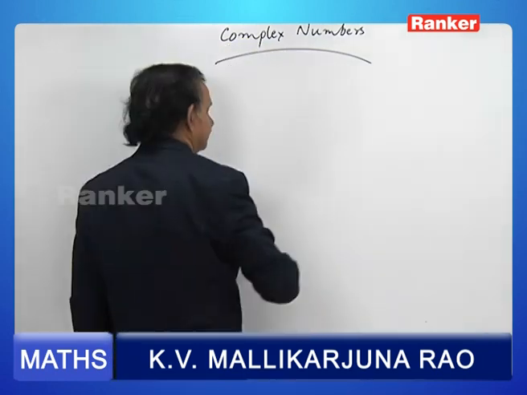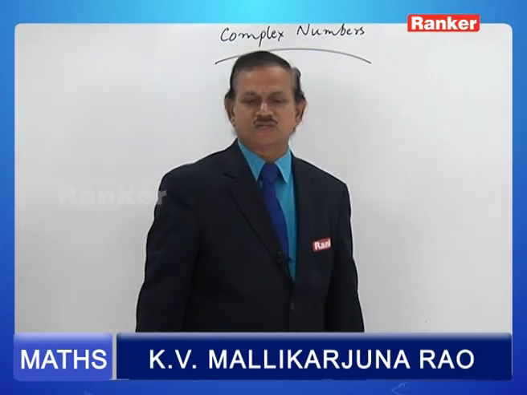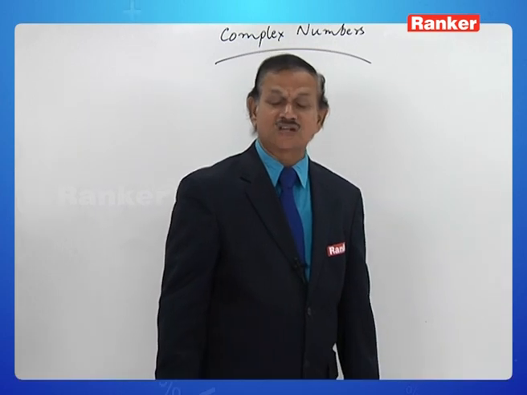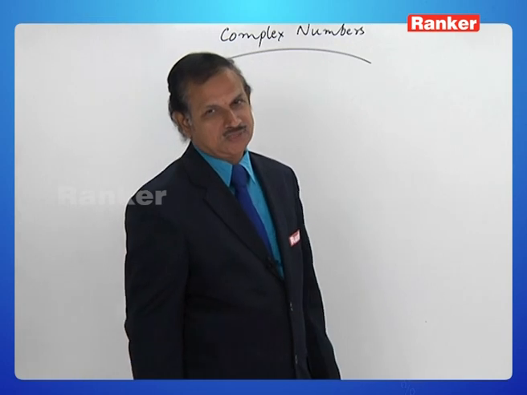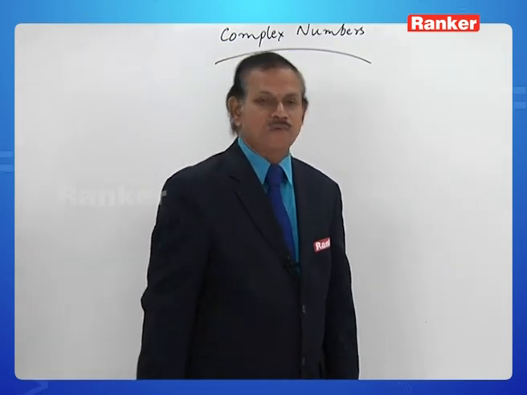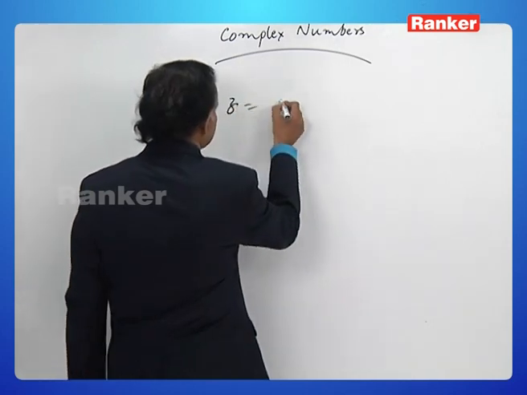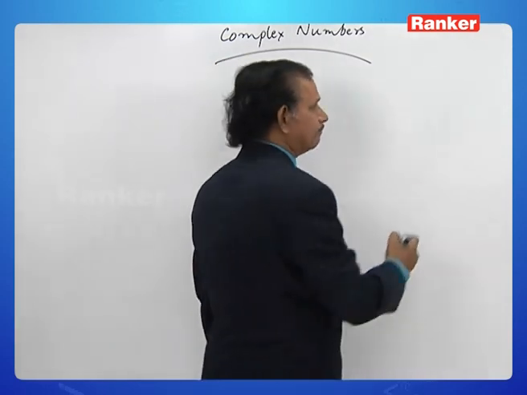Next one. Now, it is time for us to know about the next heading, that is the conjugate of a complex number. What is its purpose? How has it been brought into the fray? Let us see. Let z is equal to a plus ib.